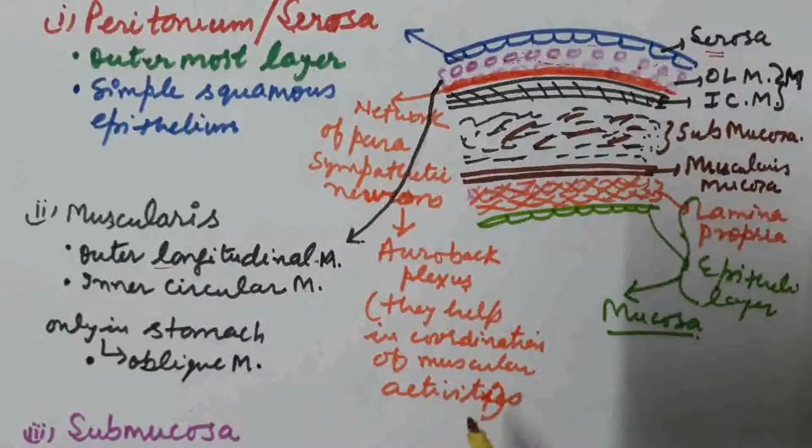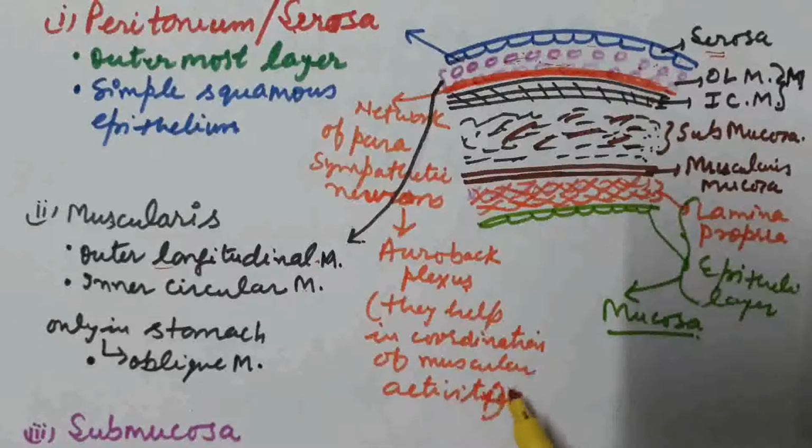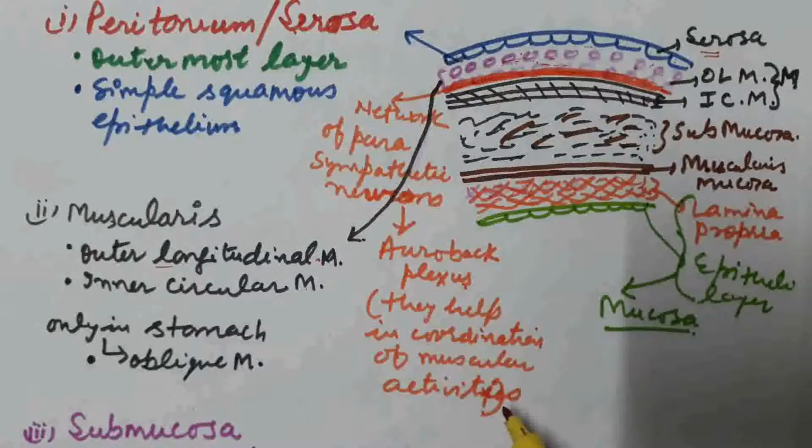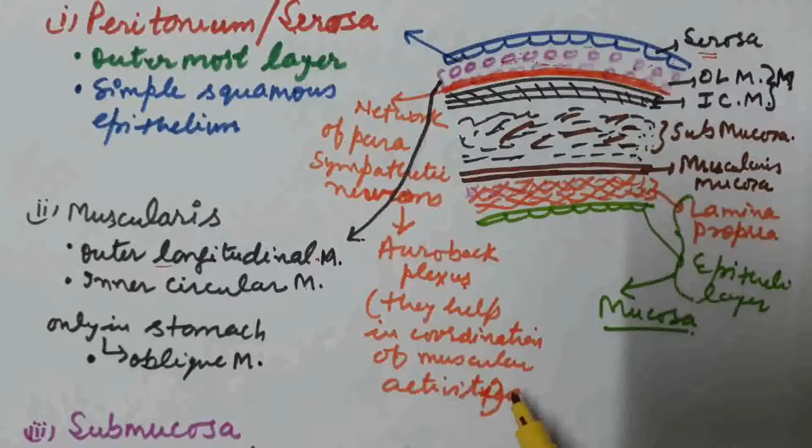What is its function? It helps in coordination of muscular activities, as these muscles help in creating the peristalsis movement or movement inside the alimentary canal. So this Auerbach plexus helps in coordination of muscular activities and movement-like activities.